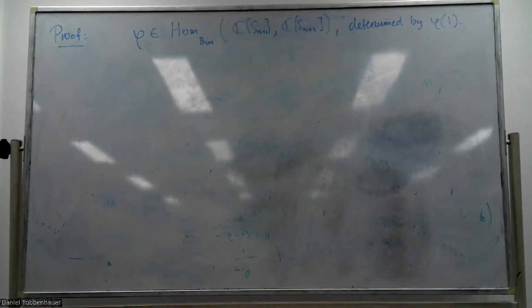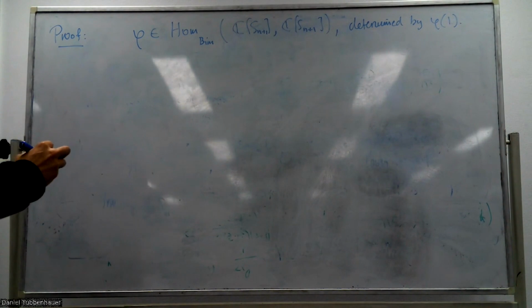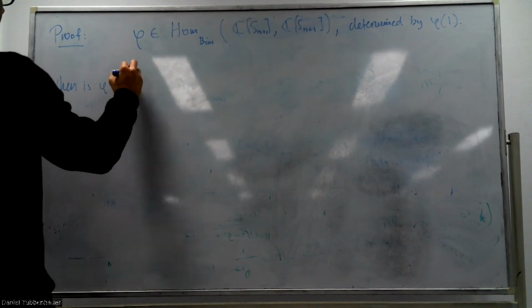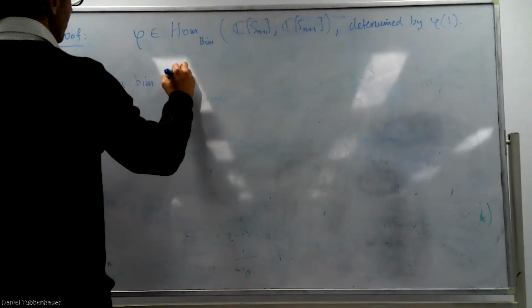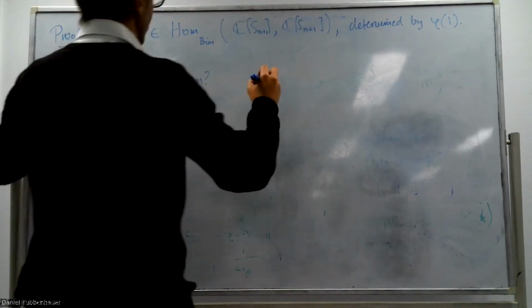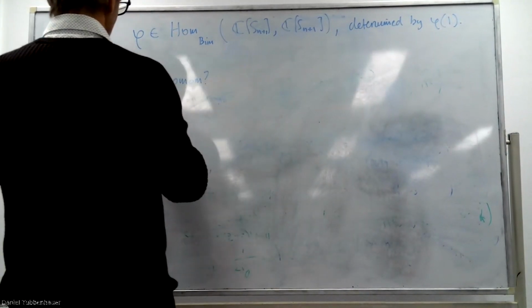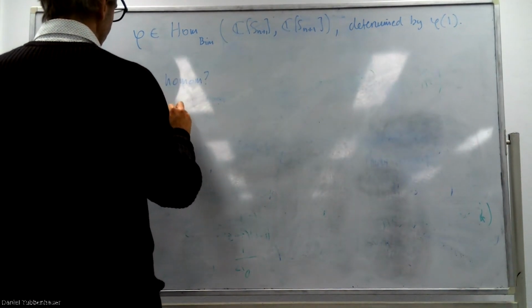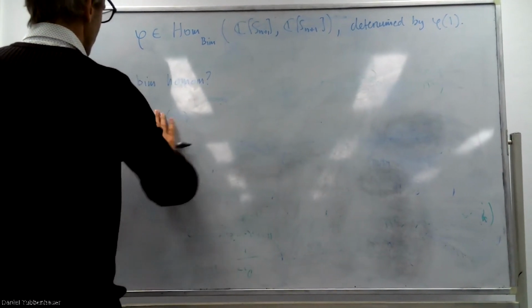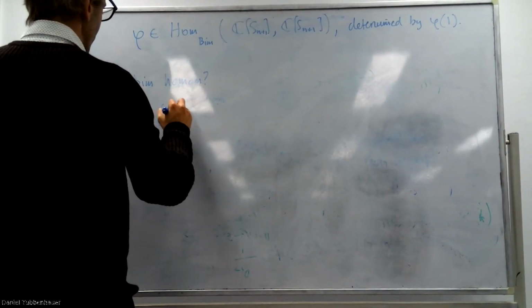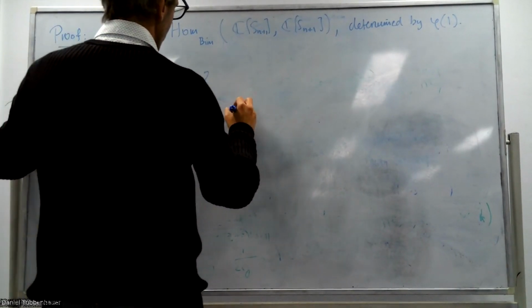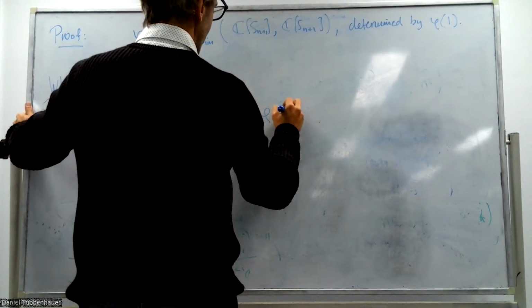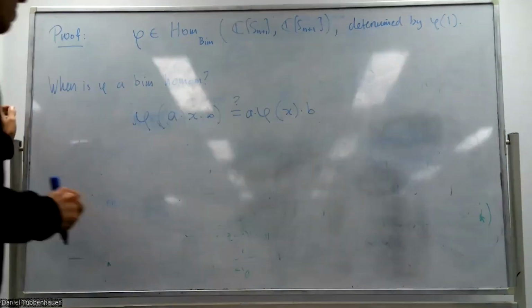And now let's see when phi is a bimodule endomorphism. We want that phi(A · x · B) is equal to A · phi(x) · B.